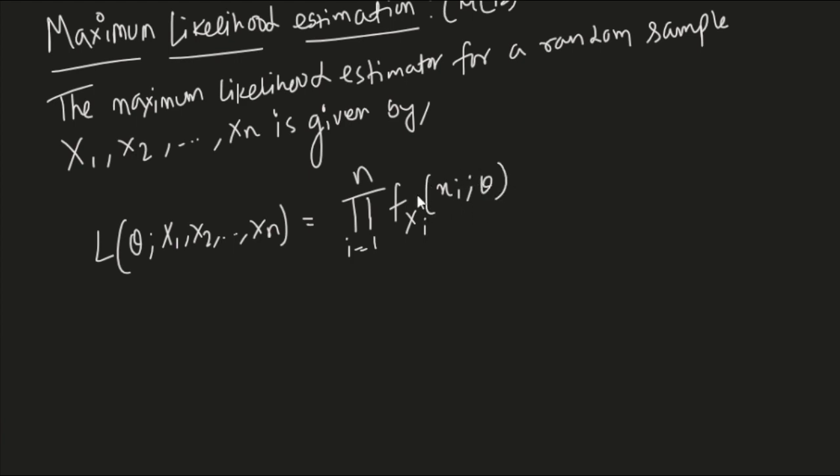So we take the product of the PDFs basically, and the PDF is dependent on some parameter θ which we are estimating. So we are trying to estimate the value of θ for which the likelihood is maximum. Okay, so that is what we are going to expect here.